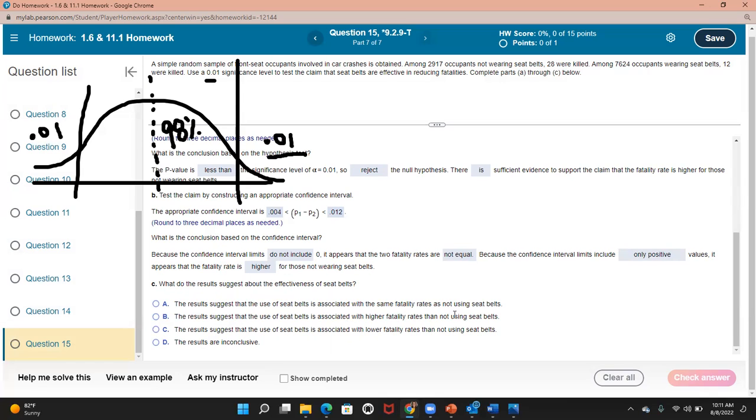No. These can be extra tricky because they reverse the way we've been talking about it. We've been saying P1 is not wearing seatbelts and P2 is wearing seatbelts. We found that P1 was greater than P2, but now they have it reversed, because they're saying the proportion for those using seatbelts is less than those not using seatbelts.